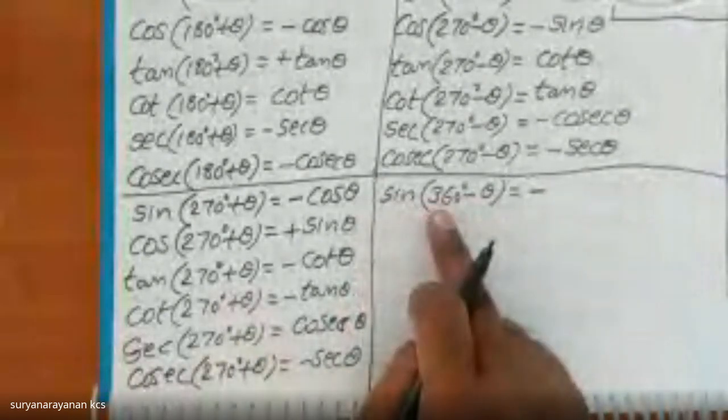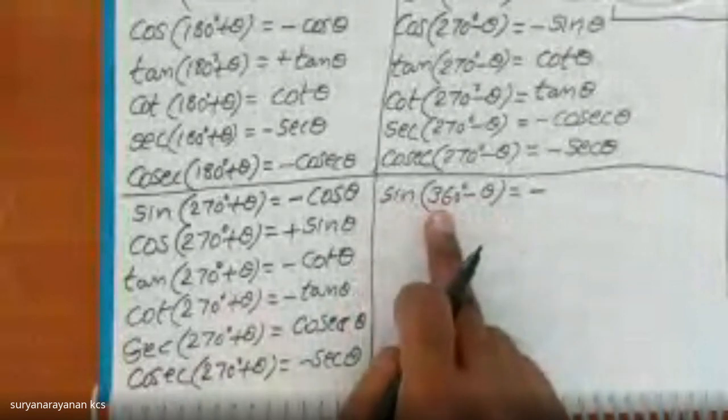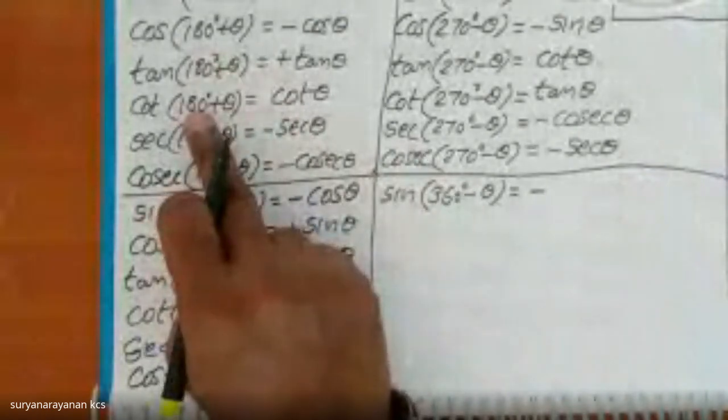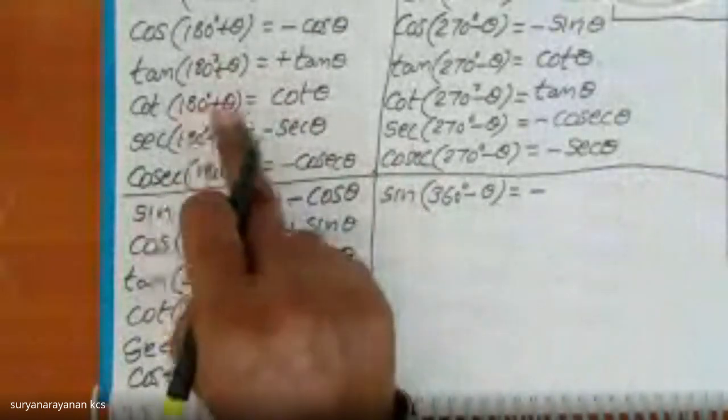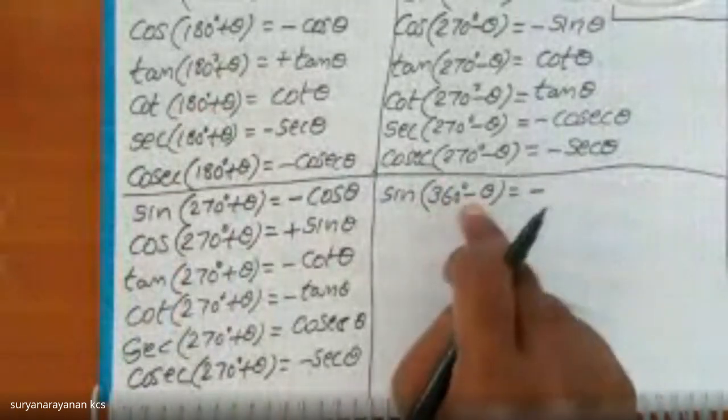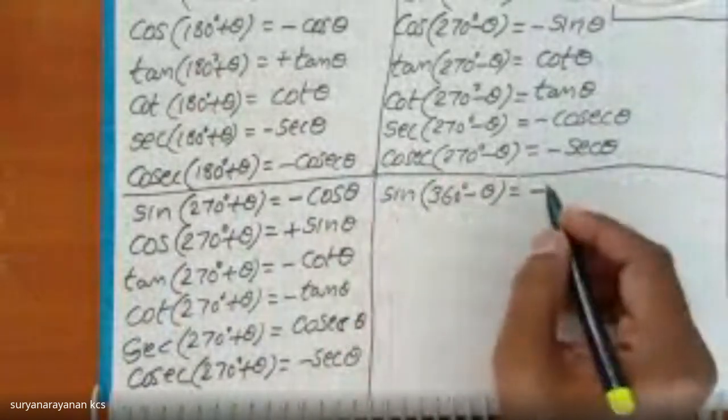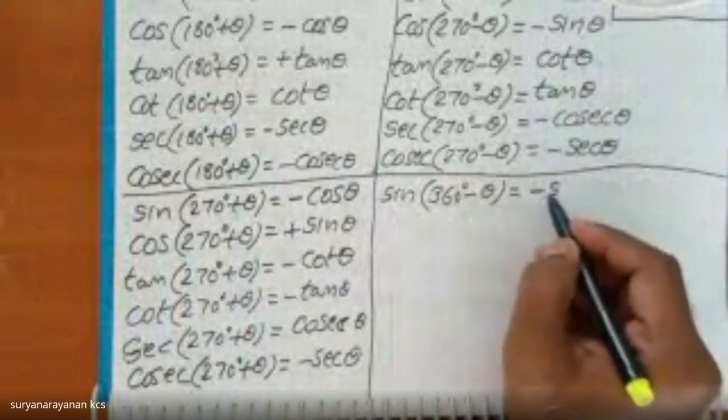Previously I also told you, if an angle is written as 180 degrees plus theta, 180 degrees minus theta, 360 degrees minus theta or 360 degrees plus theta, trigonometric functions do not change. So we write sine as it is: sin theta.